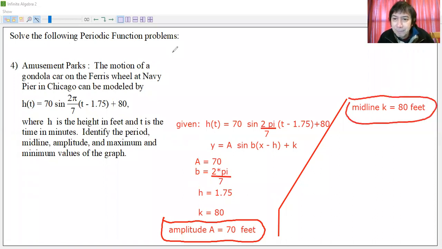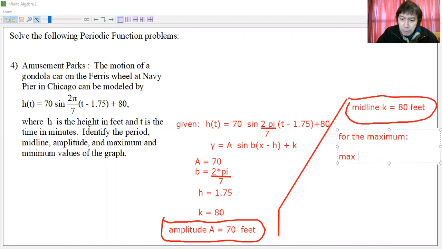All right. Next, we can now compute the maximum and the minimum. So for the maximum, max is equal to midline plus amplitude.